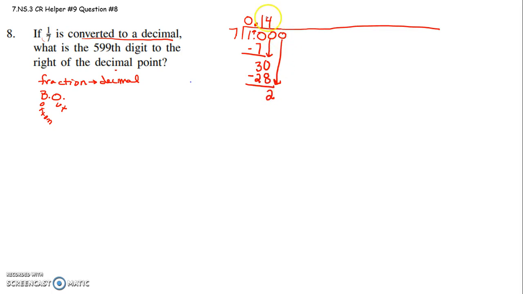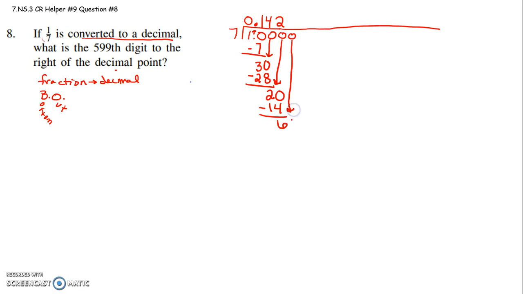Drag down a 0. I'm waiting for this top number to repeat. 7 goes into 20 twice. 2 times 7 is 14. Subtract off, you get 6 as a remainder.